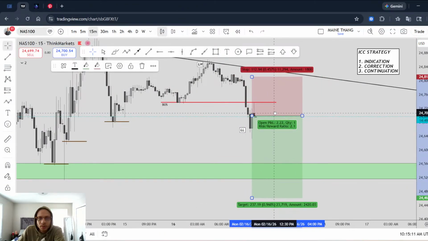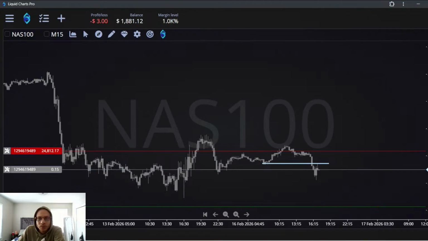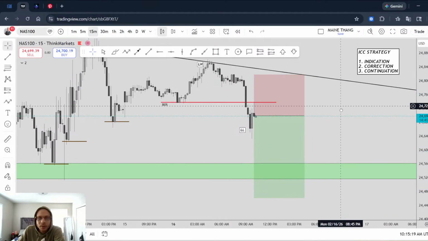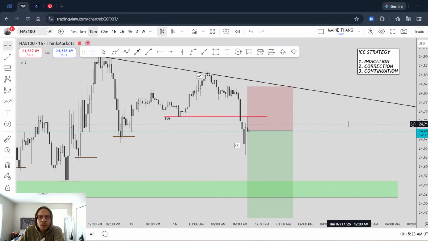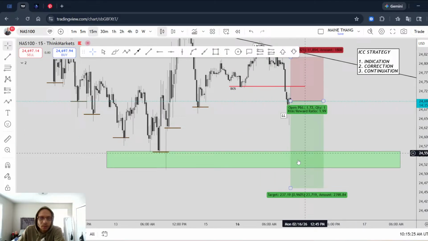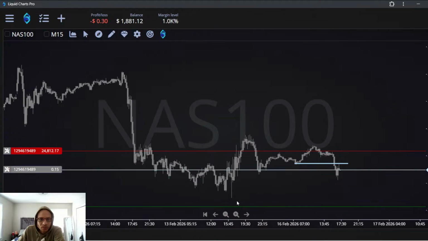So entry was here, y'all. Stop loss is right above that, and TP is below this low. It's about 20% right there for 1 to 2.